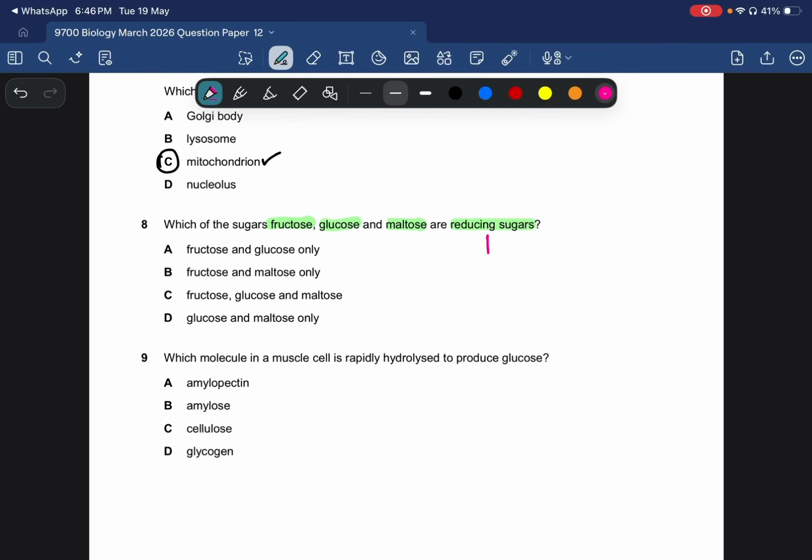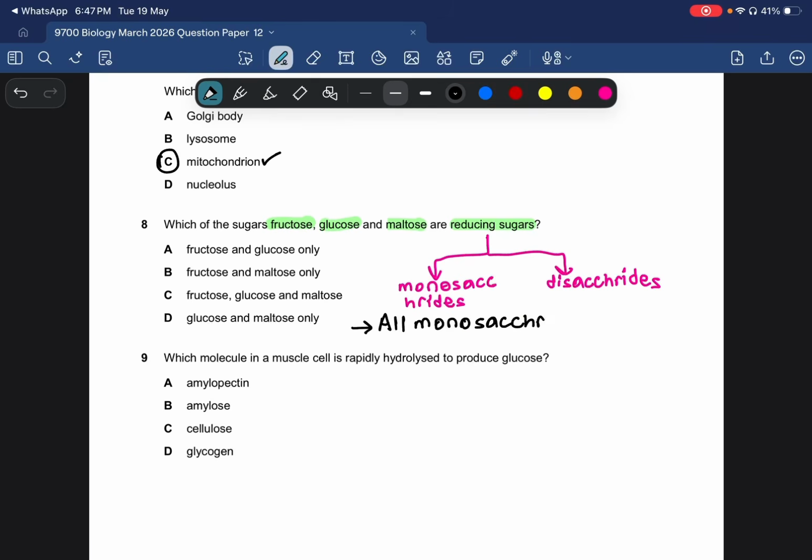What do you need to remember? Whenever you talk about reducing sugars, you can divide these into two categories: reducing sugars that are monosaccharides, and reducing sugars that are disaccharides. Just remember this sentence: all monosaccharides are reducing sugars.